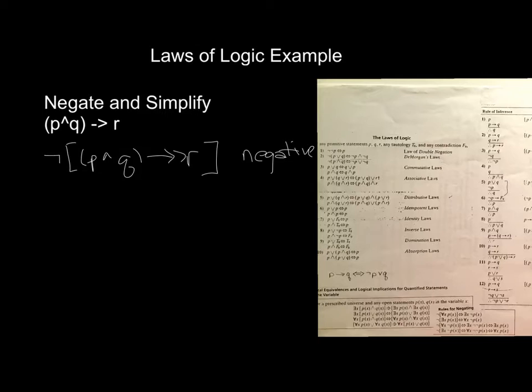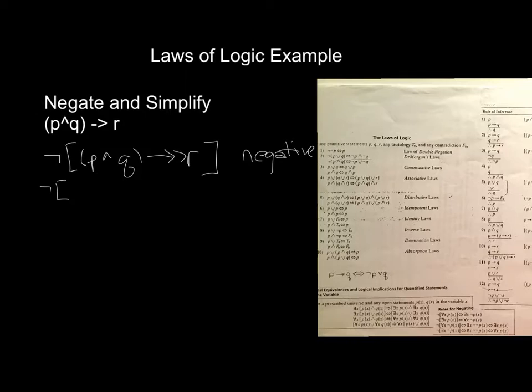Now, because, actually all, if you look, the left-hand side of all of these laws of logic involve ands and ors. So since I want to use my laws of logic to simplify, the first thing I'm going to do is convert my implication here to ands and ors, and I'm going to use this handwritten equivalence here.